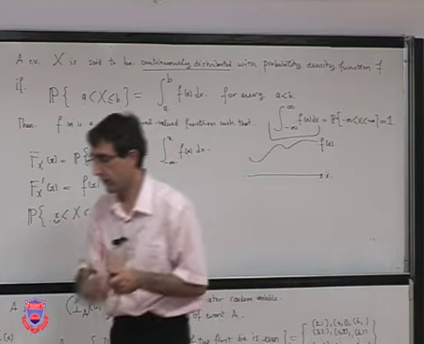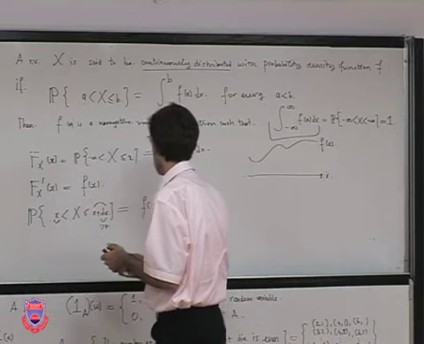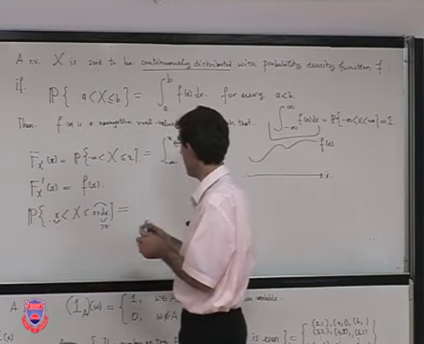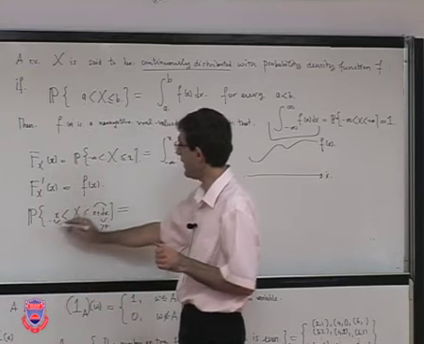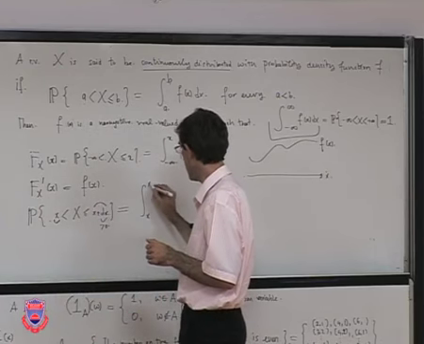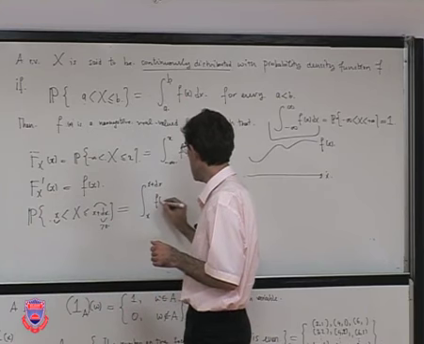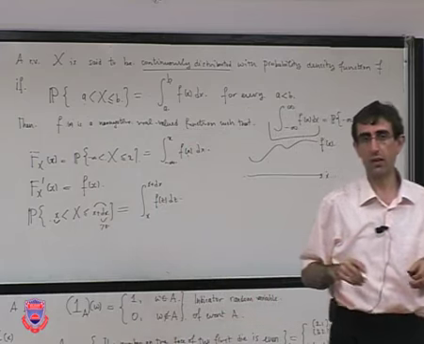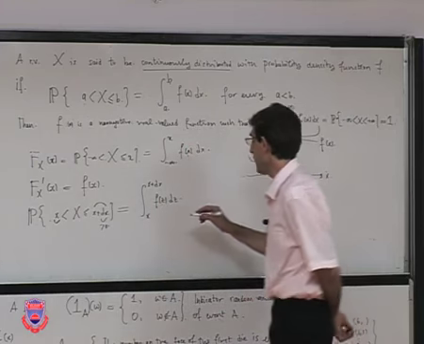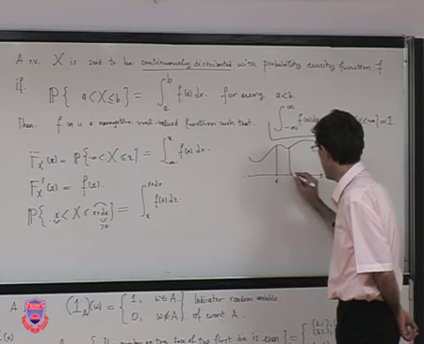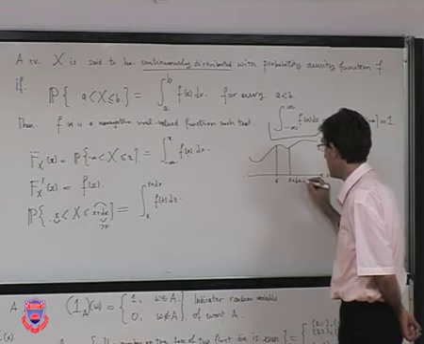Okay, let's first write the original definition. If you just use the original definition, you replace a with x, b with x plus dx. So you look at this, and you integrate f. So x is here, and x plus delta x is here.